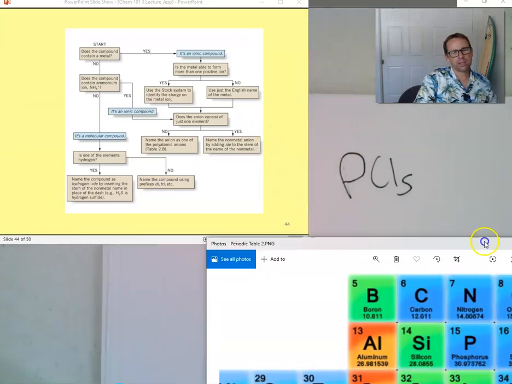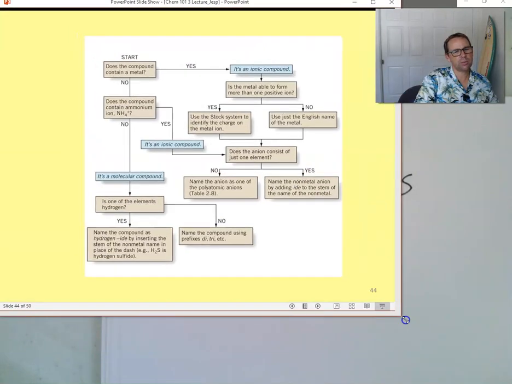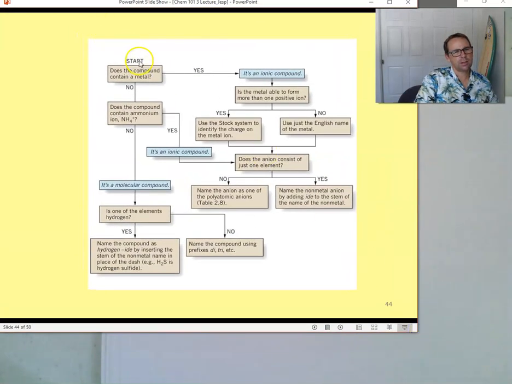All right, this is a little chart. We don't really need to use it. It's in the book, though, if you ever want to look at it. It helps you follow a guideline of how to name a compound. The 3 ways that we name compounds are: if it's an ionic compound, then we say the first element and the last element. If it's an ionic compound that contains a polyatomic ion, we have to say the name of the polyatomic ion instead of the element.